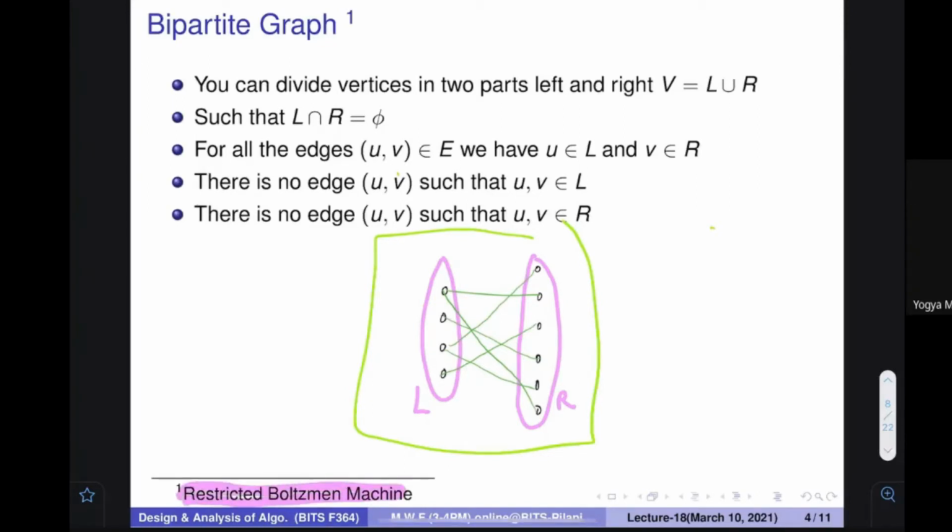Has anybody heard about this? Restricted Boltzmann machine. It's a fancy name. It only says that the restriction is that there are no edges or connections inside the layers. Things are inside as a layer, and there is no connection between nodes inside the layers. Make sense? Okay, any more questions?